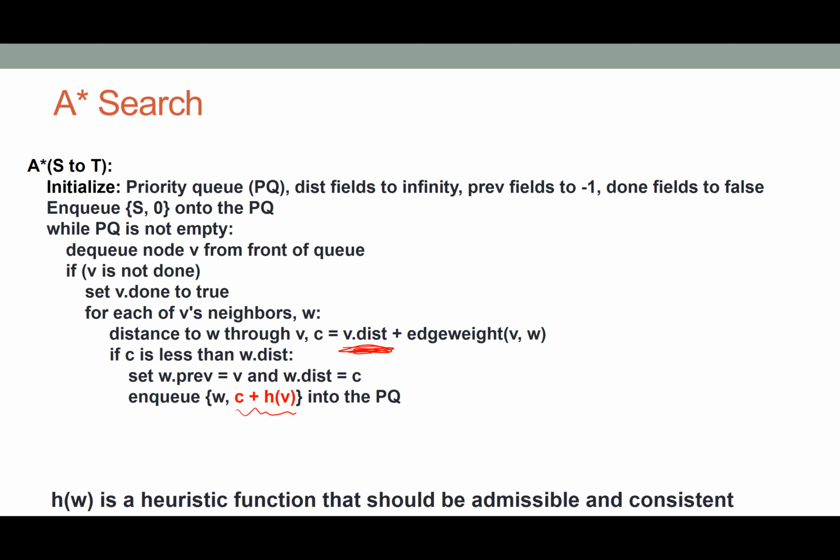As you can see, it is very, very similar. The purpose of this term, the heuristic term, is to guide us towards the goal. Because A-star is trying to search for the shortest path from a source to a destination, what this h(v) really does is to say, don't digress to other parts of the graph. Really try to focus on T.